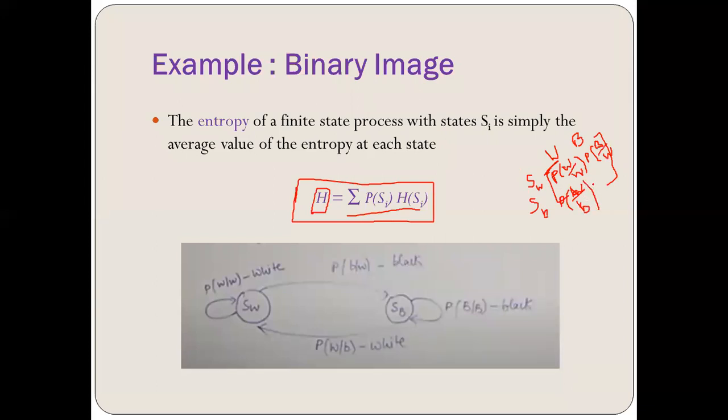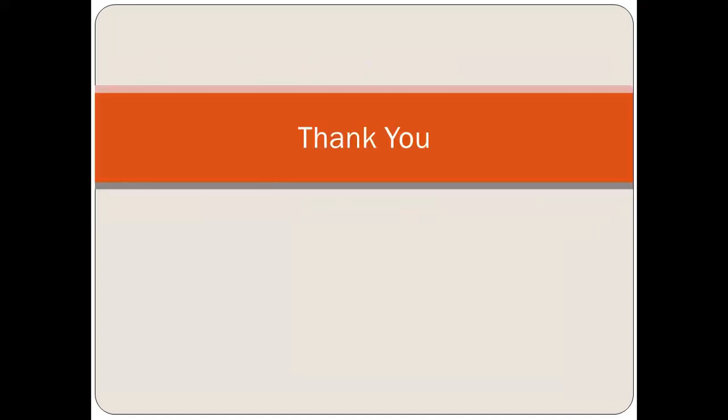And here, the probability of getting black after the black, so it will be P(B|B). So this is the matrix form of this particular model. Here we can put in the values of the probabilities and find the entropy of the source, right? So that's all for this particular lecture. Thank you very much.